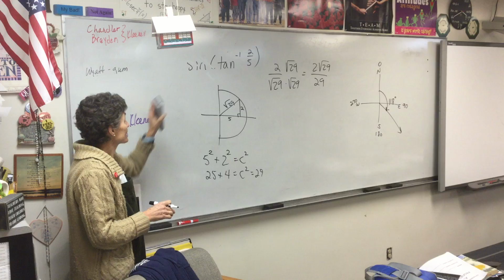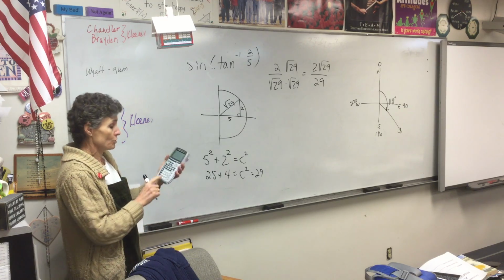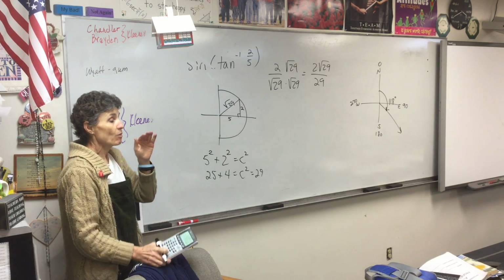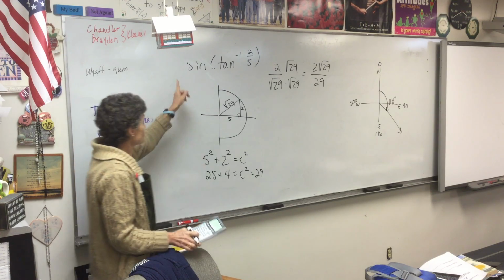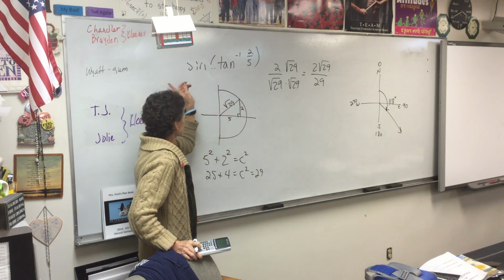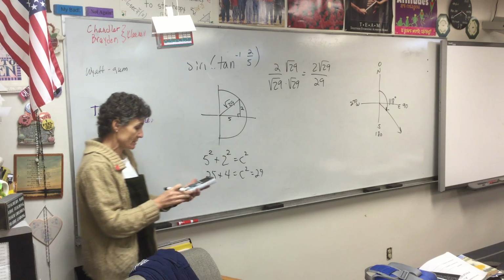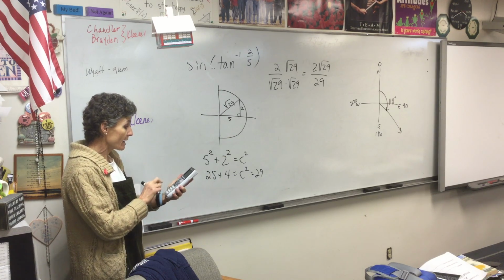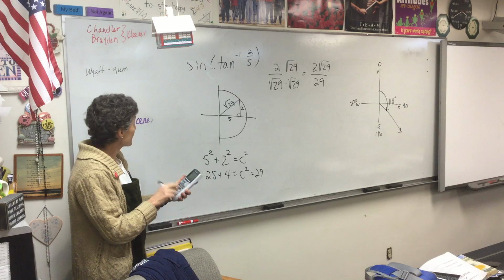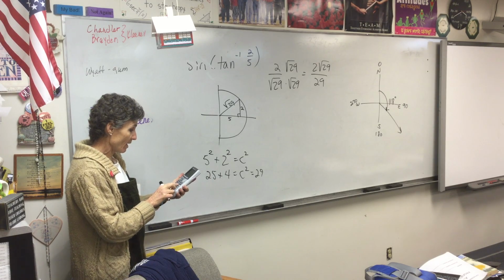Now it says do the exact same problem on your calculator. Now that is super simple because you just press those buttons. You just type it in, type exactly what you see. So type sine, second, tangent, 2 divided by 5.